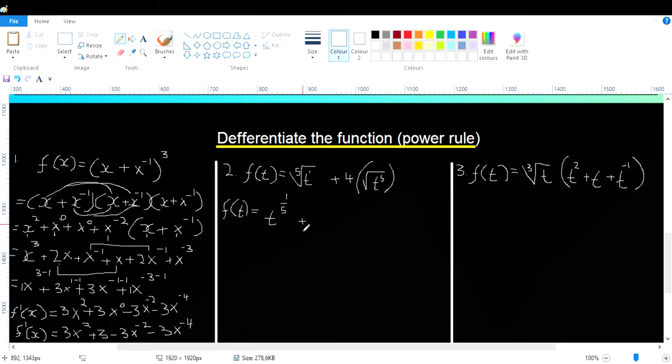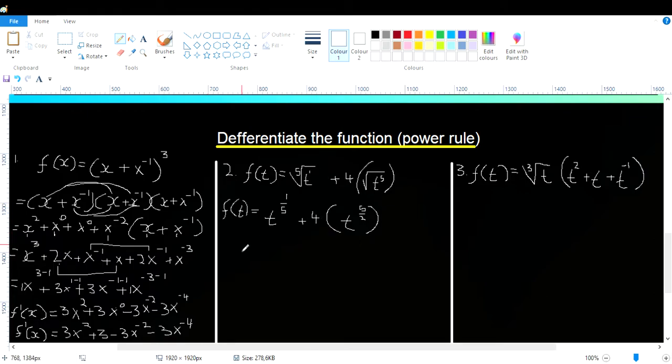Then plus, then here is 4. Inside the brackets, we have t to the power 5 over 2.